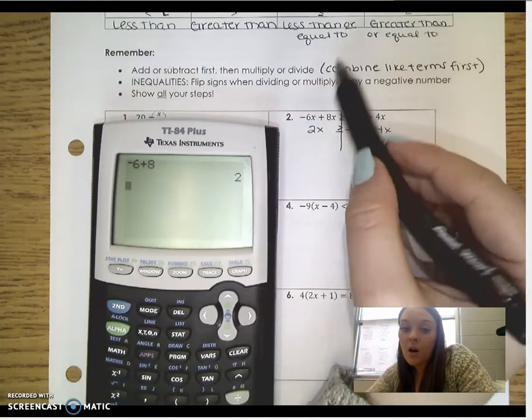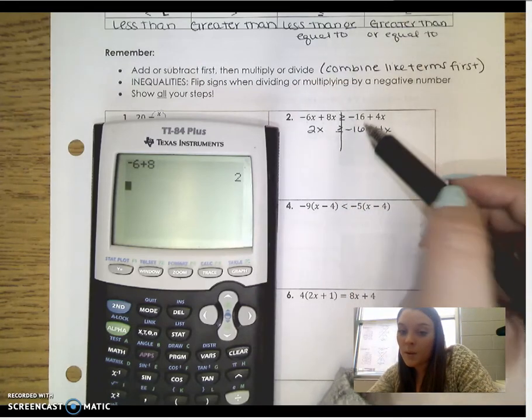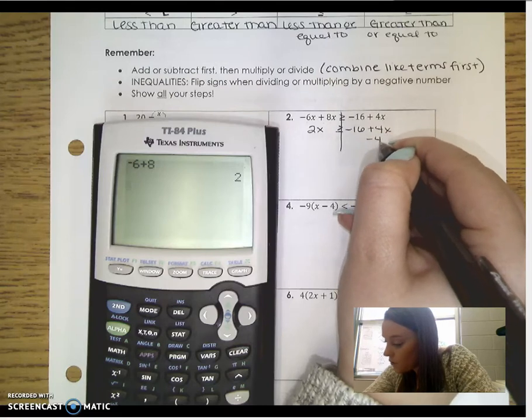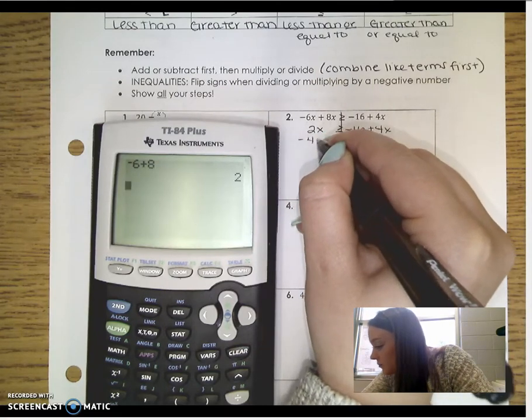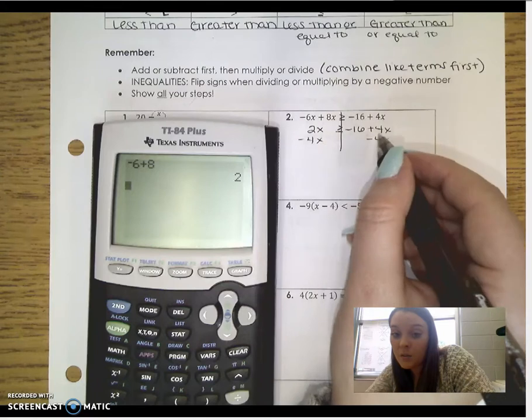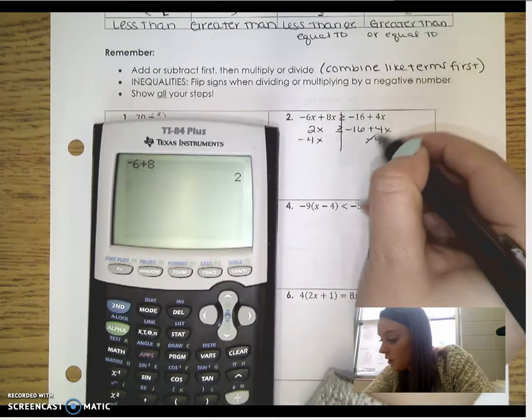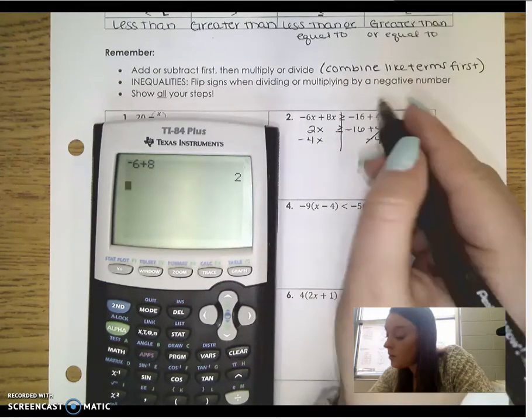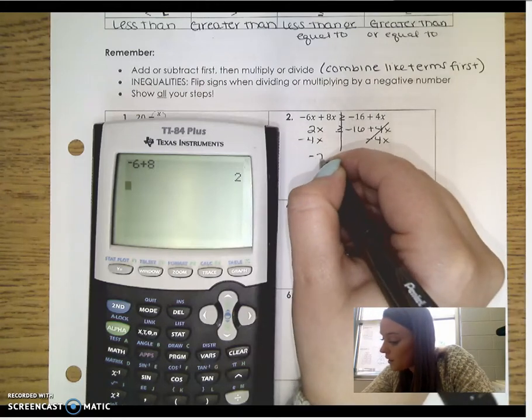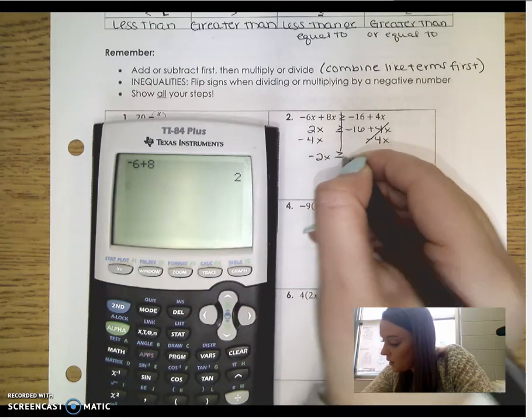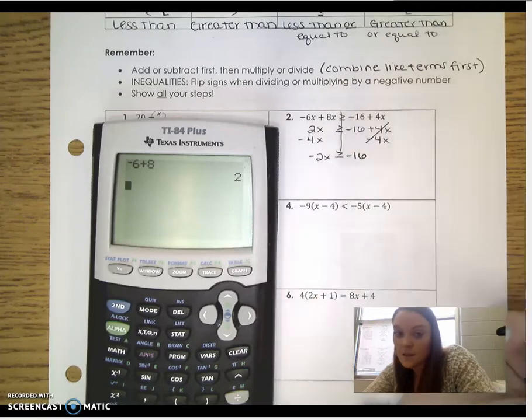Now I need to get all of my variables on one side and all my numbers on the other. So I'm going to subtract 4x from both sides. That'll get all my variables over here, and it'll leave my numbers over here. So 4x cancels out. 2x minus 4x is negative 2x. Keep my symbol, is greater than or equal to negative 16.